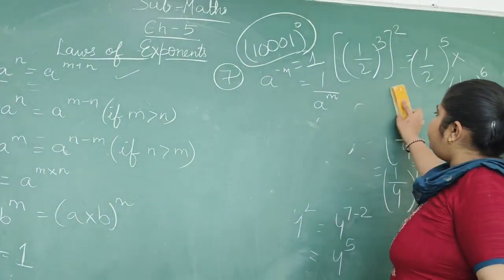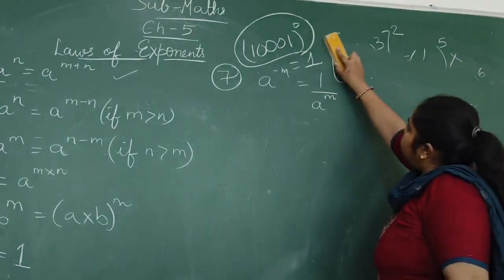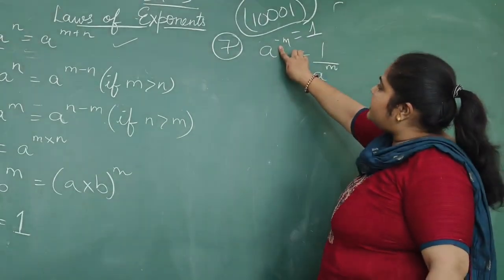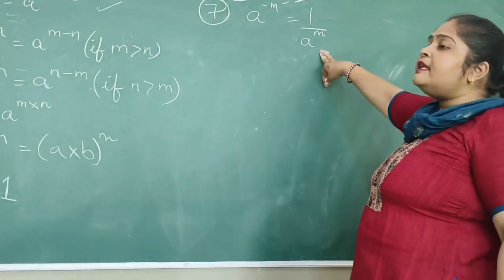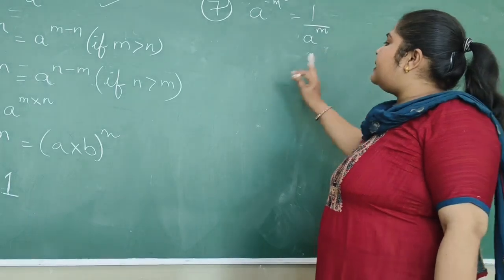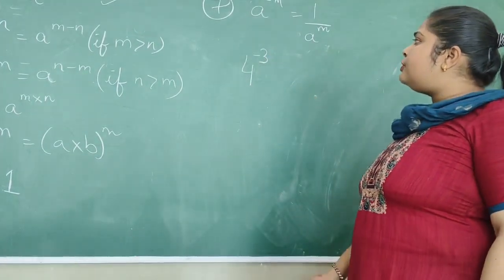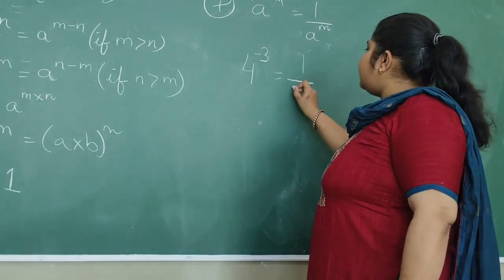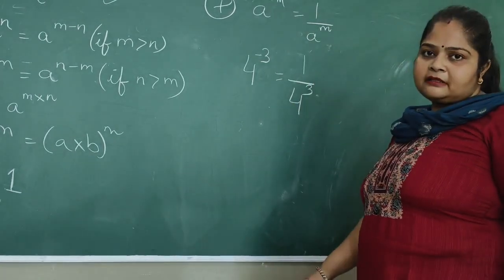It says, if any number has a negative power, then by taking the reciprocal of that number, you can make the power positive. So for example, if the number is 4 to the power minus 3, what you have to do is just take the reciprocal of the number and the power will become plus 3.